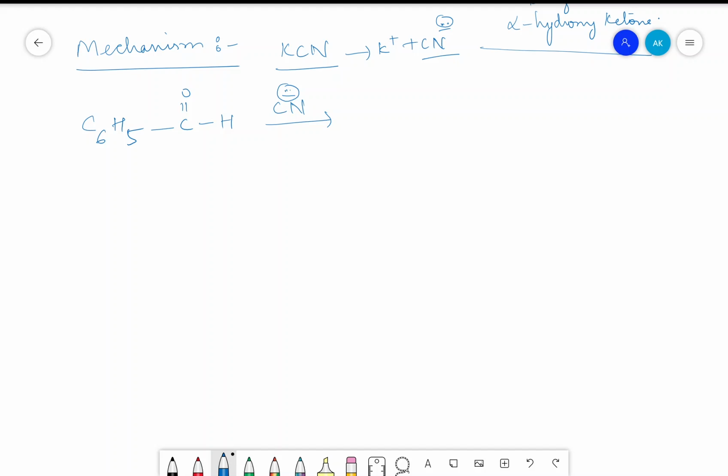A negative charge cyanide ion will go and attack a positive charge species, and where are we going to get a positive charge species is due to the difference in electronegativity.